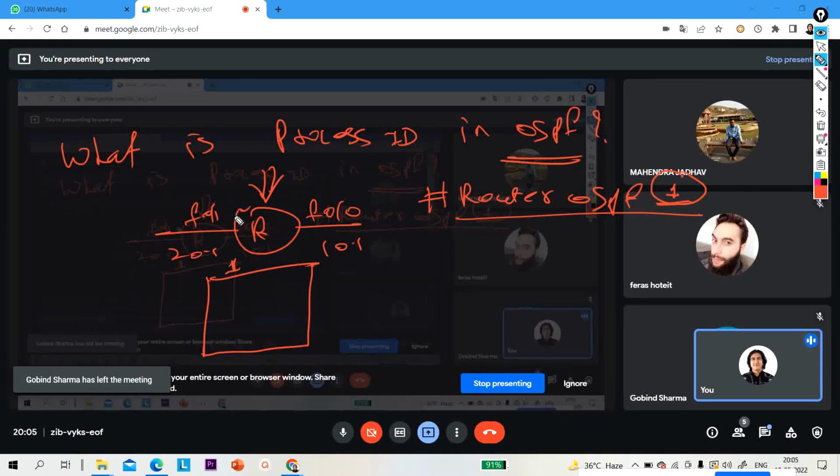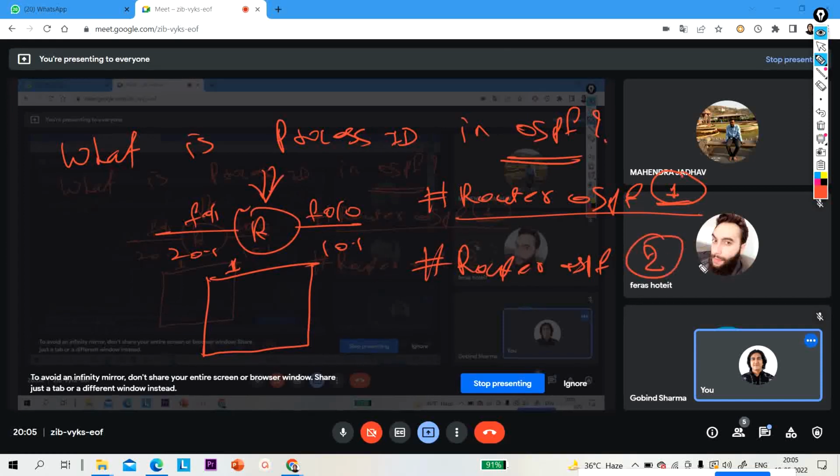And if I want to run two processes of OSPF on this router, I will also run router OSPF 2. That means I am running two processes of OSPF on the same router. So this router will allocate some memory to process number 2 as well, right?